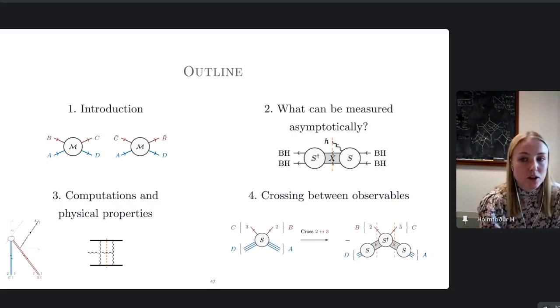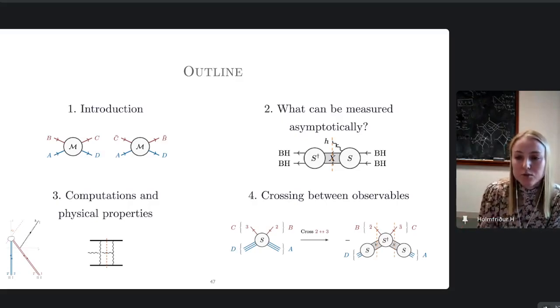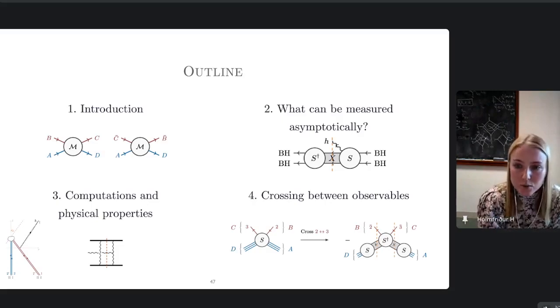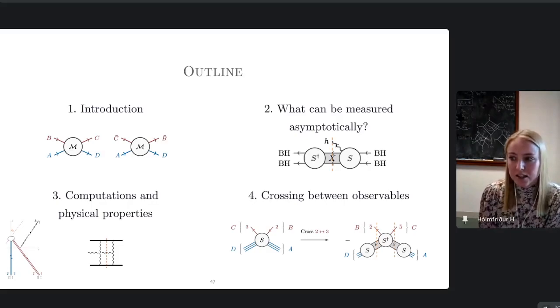If you remember, where we talked about crossing symmetry, we did this toy model tree level example where we saw that we landed on some different observable than the S matrix or the conjugated S matrix. Then in 2 and 3 we talked about what these different i epsilon prescriptions are doing for us.